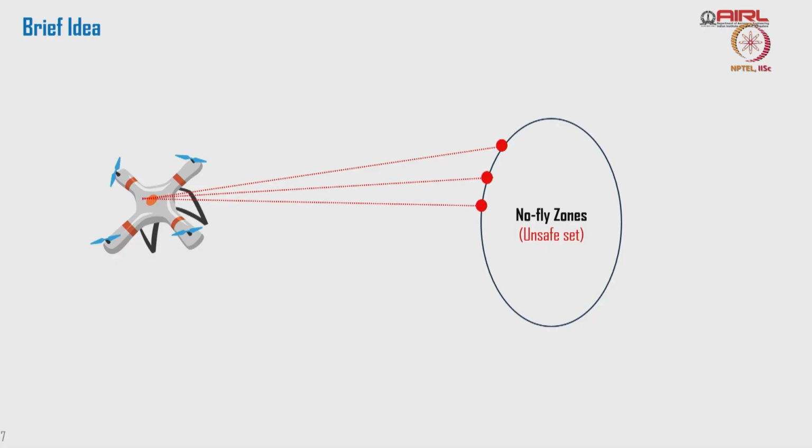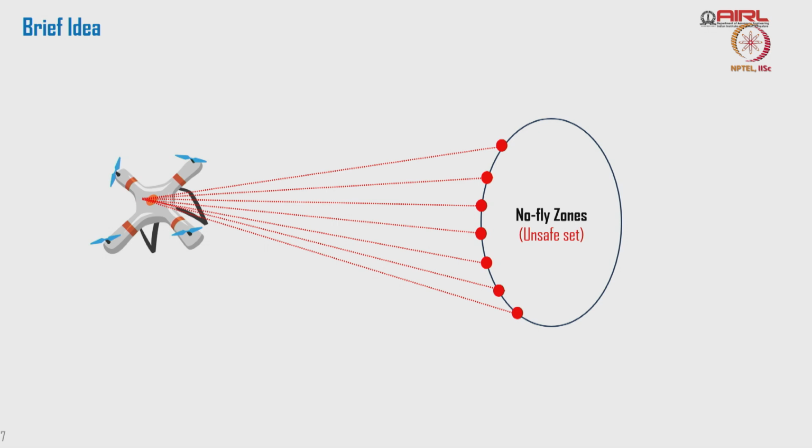You have gone through lidar in the sensor lecture, so you know that lidar has point clouds in its detection. These are the point clouds on the obstacle, right? These points give the boundary on the obstacle, and the drone should not come till this point.